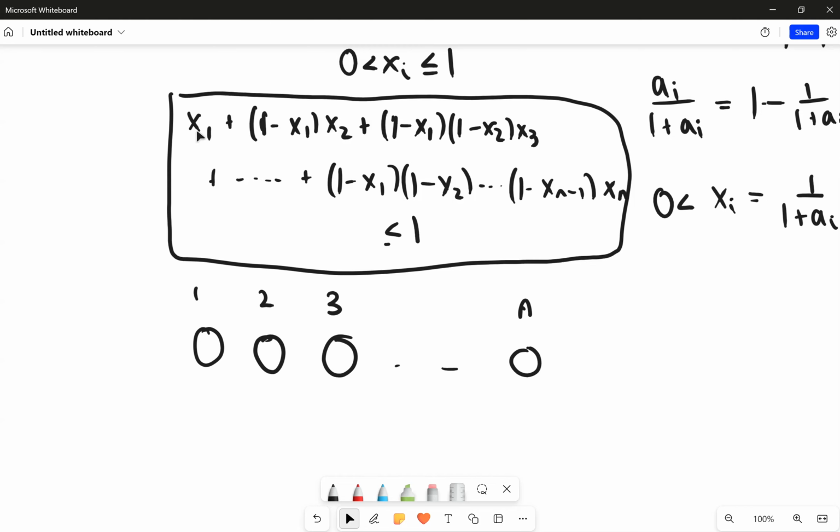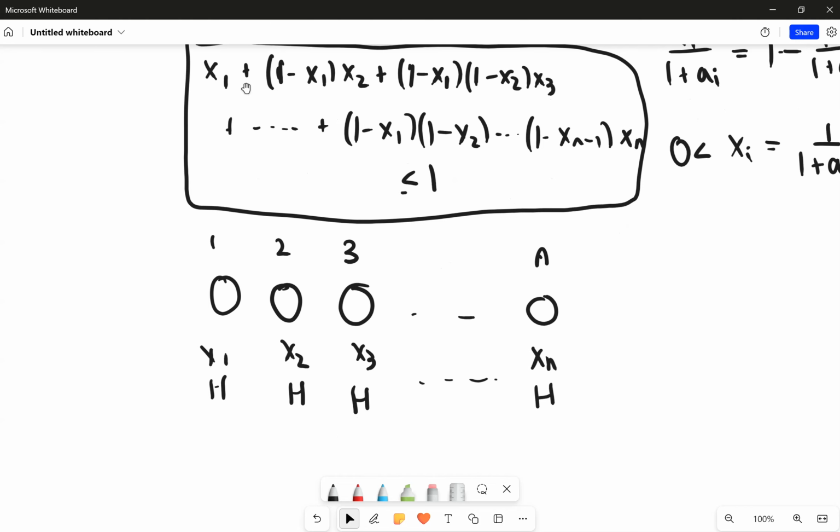Suppose coin 1 has a chance x1 of being heads, and coin 2 has chance x2 of being heads, and then x3 of being heads, and so on all the way to xn of being heads. And this process here is just flipping the coins one by one in this order until we get heads. And this is the probability that we get heads.